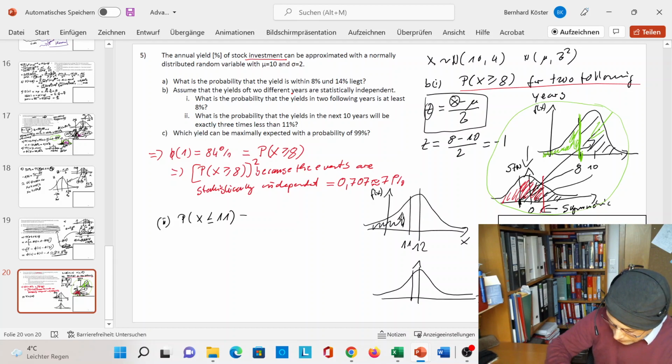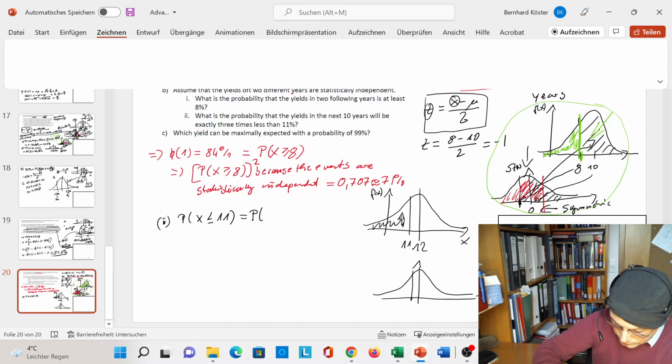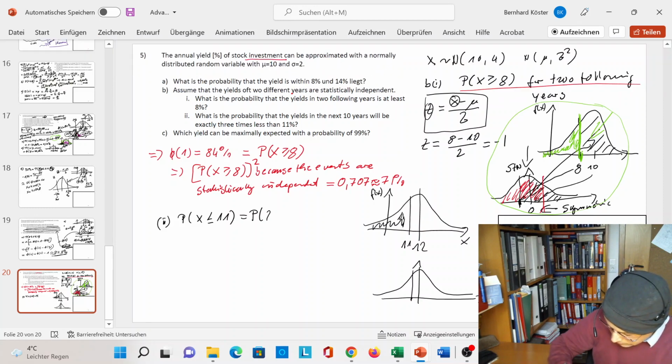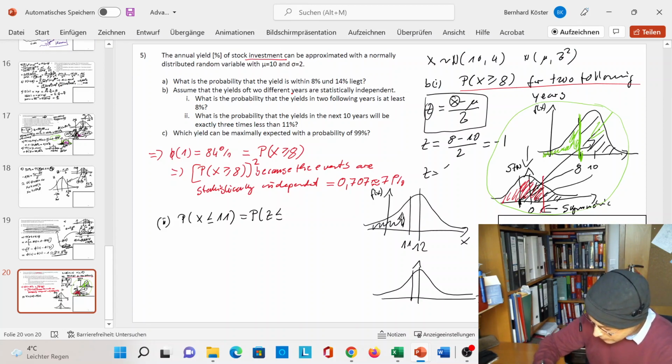So this equals, and the probability of that is smaller than what? 0.5. Great, because we just write here that is 11.